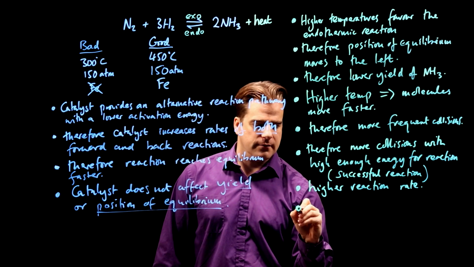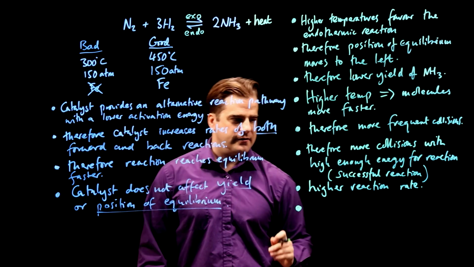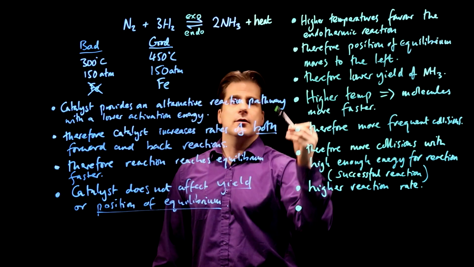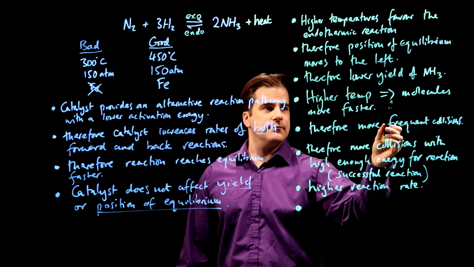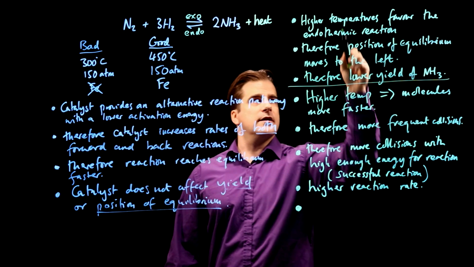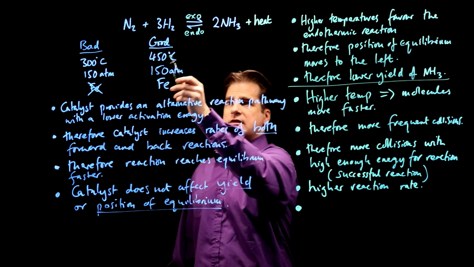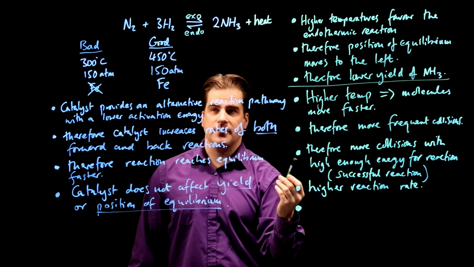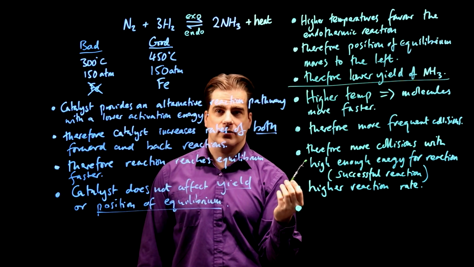The whole point of this, like we talked about here, this bit, we deliberately do it at a high temperature and do something that apparently is not going to help us.